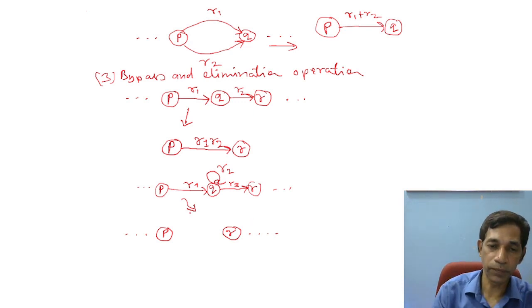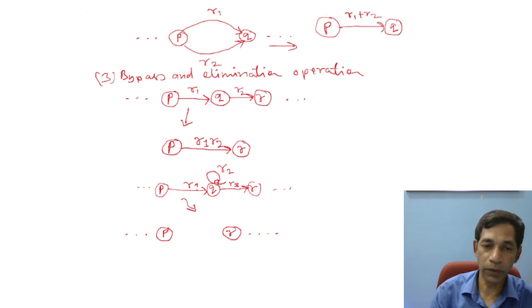You have to consider every path going through that state. You have the three states P, Q, R.